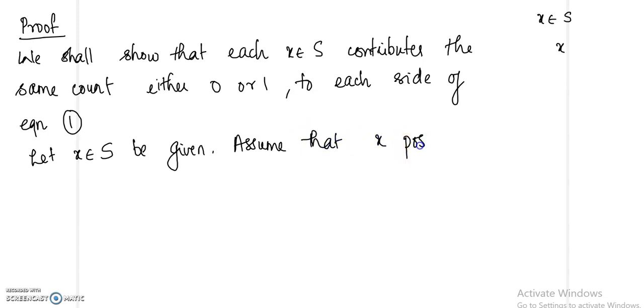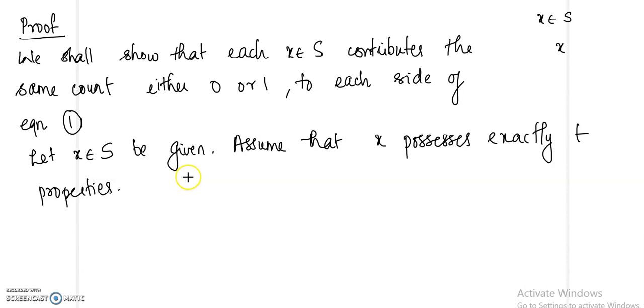Now we need to look at what is the value of equation 1. So we have E of m equal to summation k equal to m to q, minus 1 raised to k minus m, k choose m, omega of k.